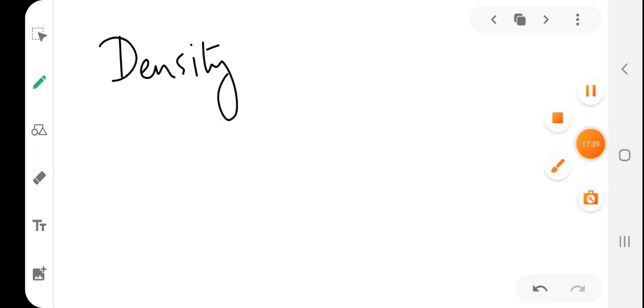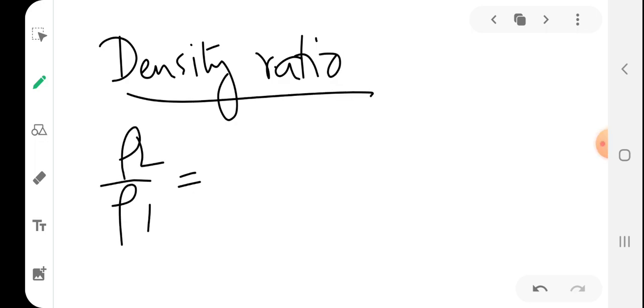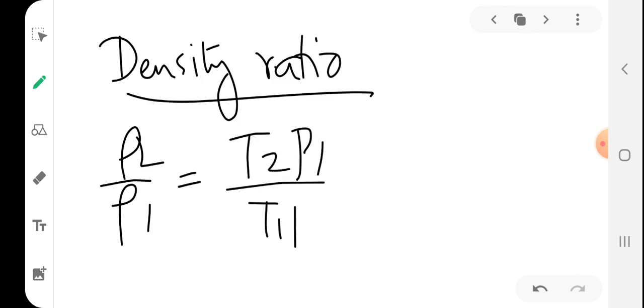Now we will move to the density ratio. Density ratio is rho 2 by rho 1, which we have already written as T2 P1 by T1 P2. Both T2 by T1 and P1 by P2 are already known.